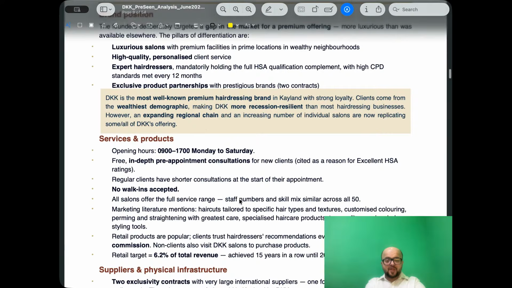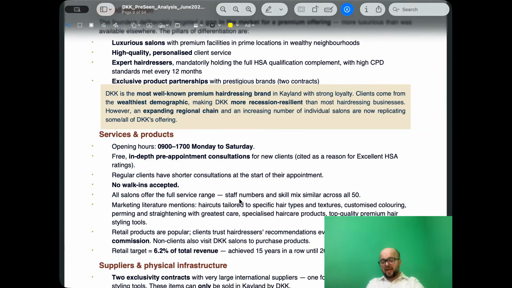Look here. So yes, we have these kinds of rich customers going there, which is why even if a recession comes, they will still spend on haircuts, right? Expanding regional chains and increasing numbers of individual salons are now replicating some or all of DKK's offering.